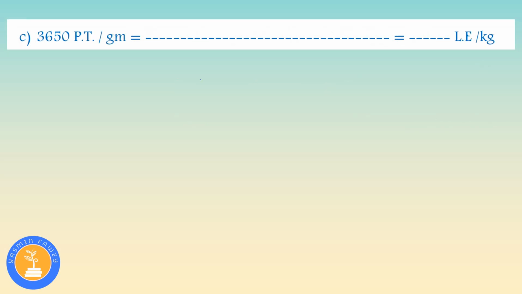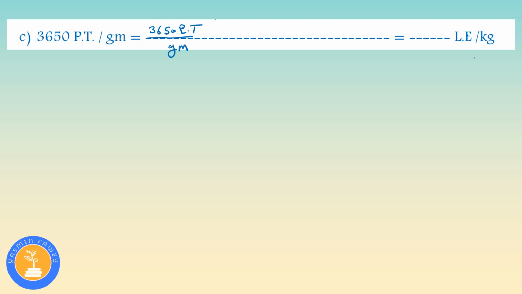Okay, another one. This time I want to convert what? PT means what? Means piasters. Okay, and the LE has 100 piasters. So the first relation here, let's find out. First, we have to write it as a fraction, as I told you before. Let's write it: 3,650 piasters per gram.